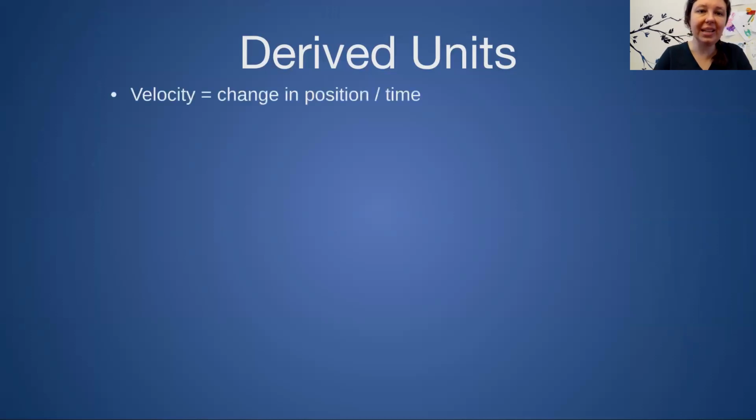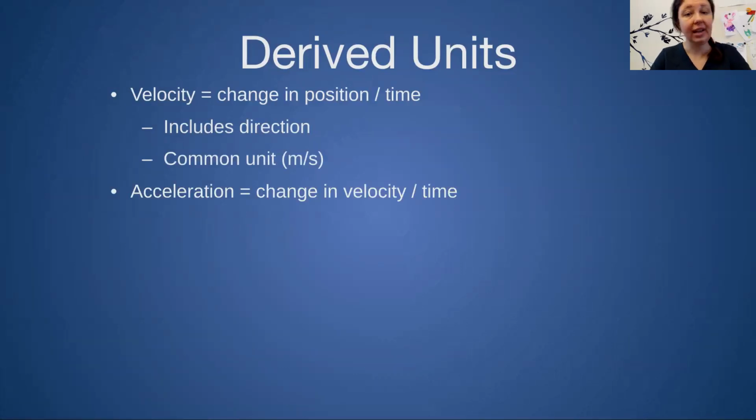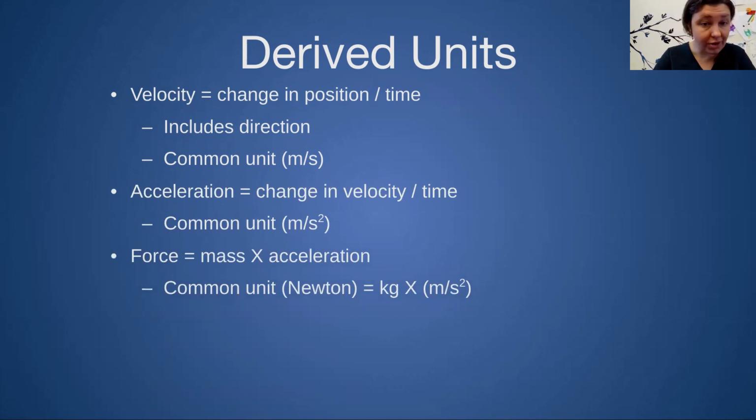Derived units, breaking down. Velocity is a change in position over time. It includes direction and the common unit meters per second. Acceleration is the change in velocity over time. Force's common unit is the Newton, and it is the mass times the acceleration.